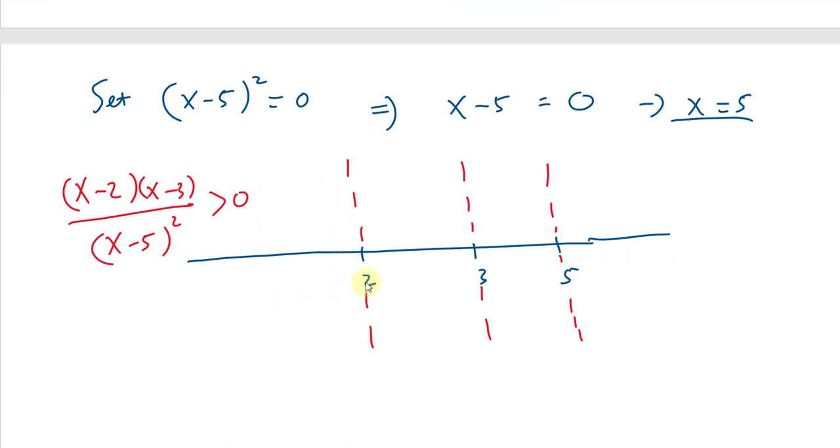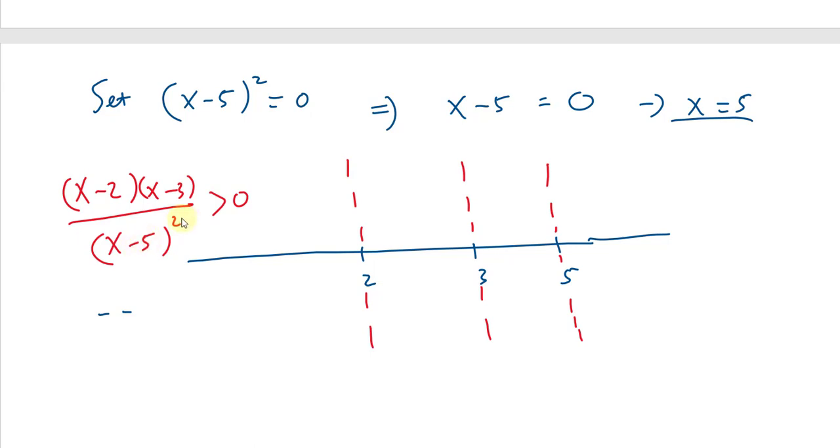So before 2, let's pick a value, maybe 1. Okay, so let's pick x to be 1. Let's make it this way. 1 subtract 2, that's minus 1, so that's minus. 1 subtract 3, minus 2, that's a minus. 1 subtract 5, that's a minus.